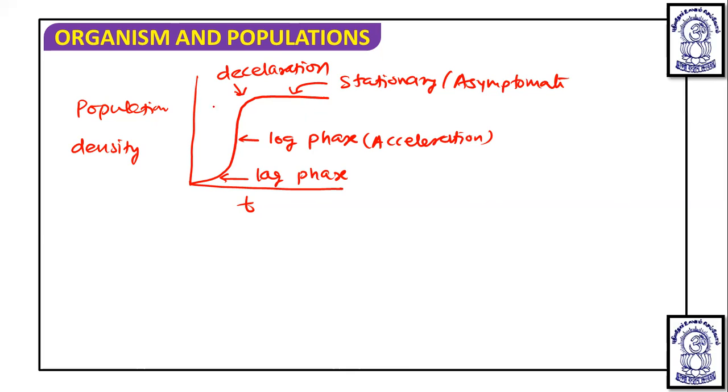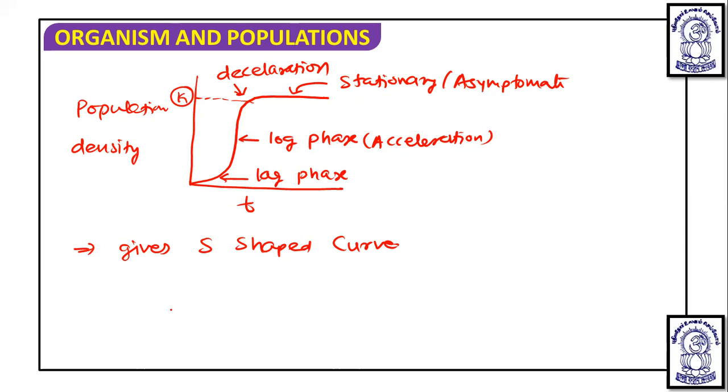This is the carrying capacity up to which the population can be accommodated in this area according to the available food. So it gives an S-shaped curve. Okay. So now it is a population density S-shaped curve.